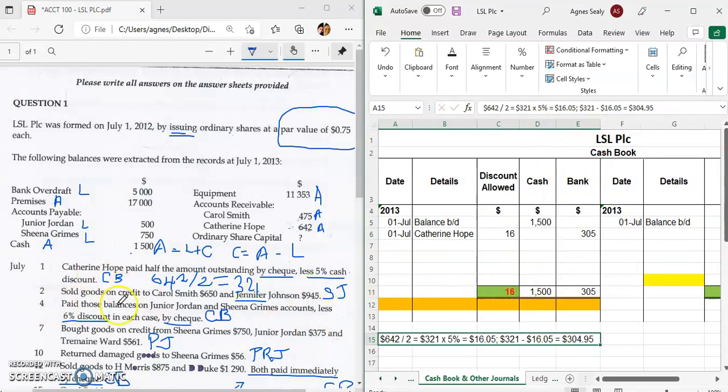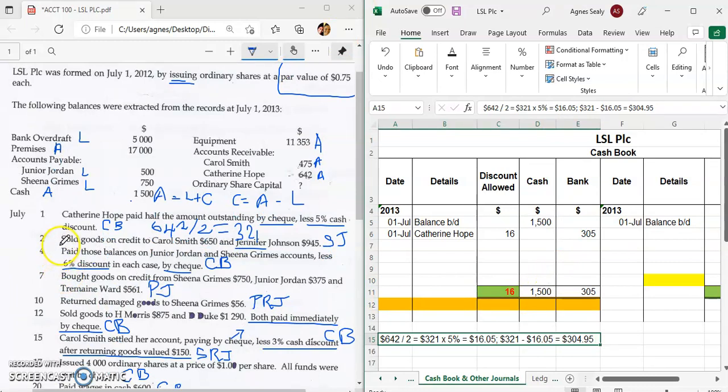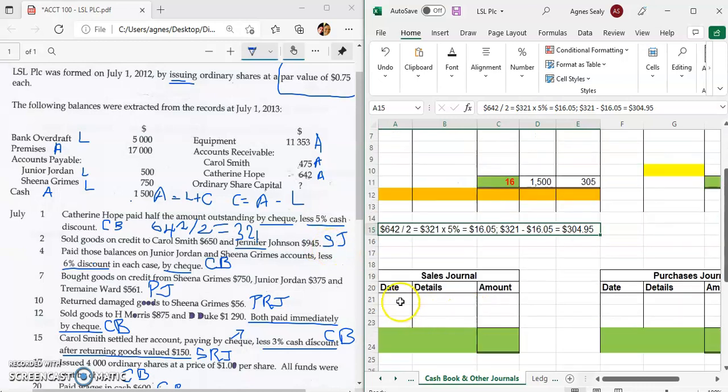Transaction number 1. On the 2nd of July, LSL Plc sold goods on credit to Carol Smith for $650 and Jennifer Johnson for $945. So we said that this is a credit transaction. It's going in the sales journal. So we will go to our sales journal and we have our date here.